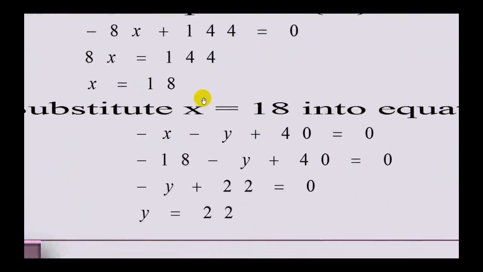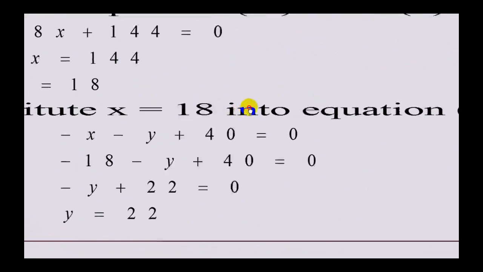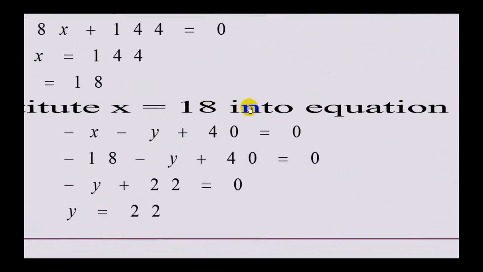Substitute x equals 18 into equation 3. Minus x minus y plus 40 equals 0. Minus 18 minus y plus 40 equals 0. Minus y plus 22 equals 0. y equals 22.